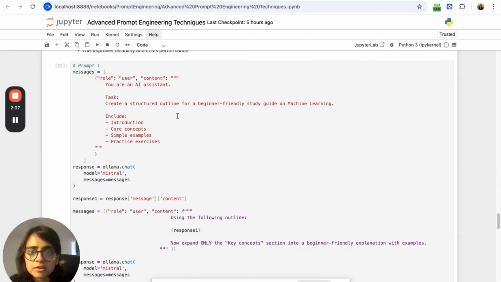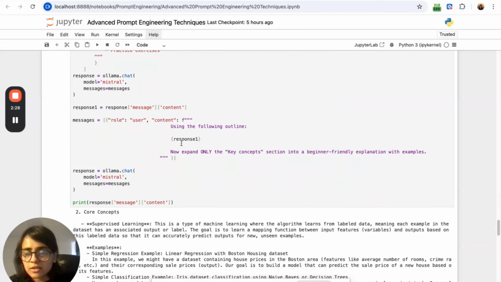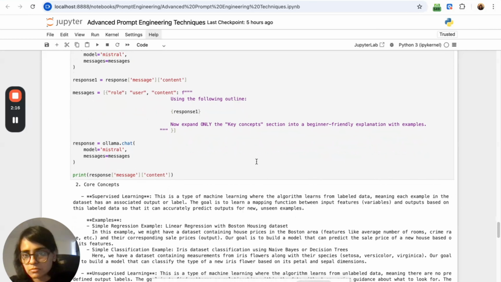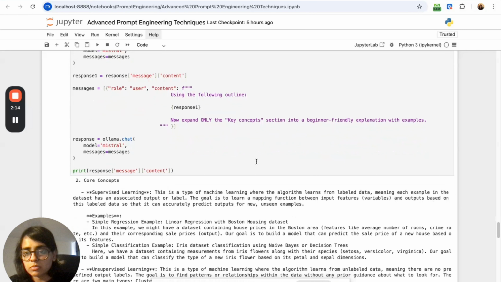Here I have taken an example for creating a beginner friendly study guide on machine learning, and I'm asking the LLM to create a structured outline first, and then I'm using this structured outline as the input to the next prompt where I'm saying that now that you have this structured outline, expand on the section called key concepts, and we can do this multiple times.